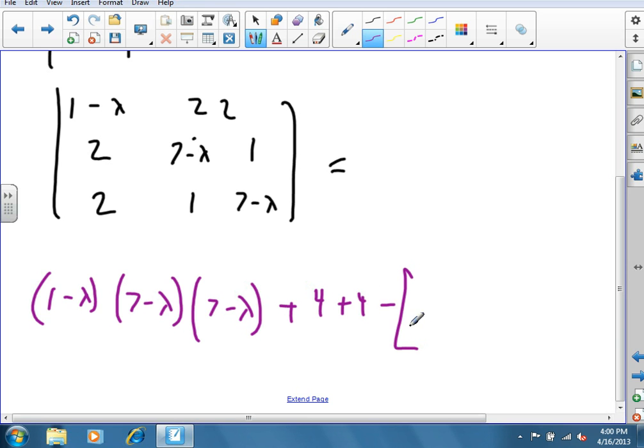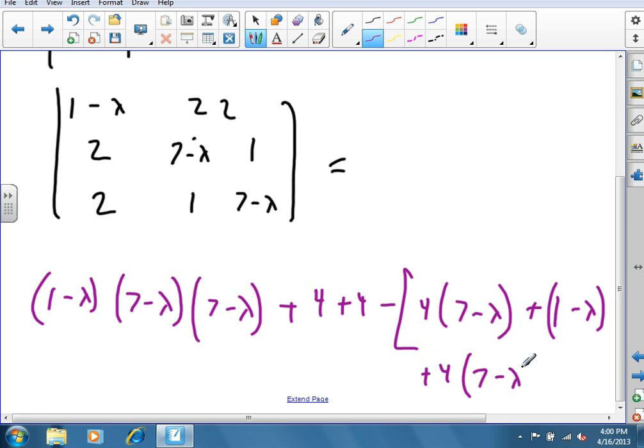Minus 4 times 7 minus lambda, plus 1 times 1 minus lambda, plus 4 times 7 minus lambda has to be 0.